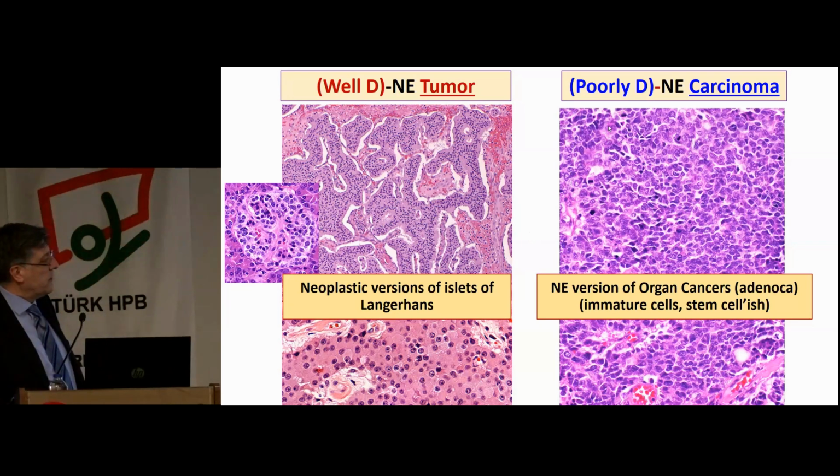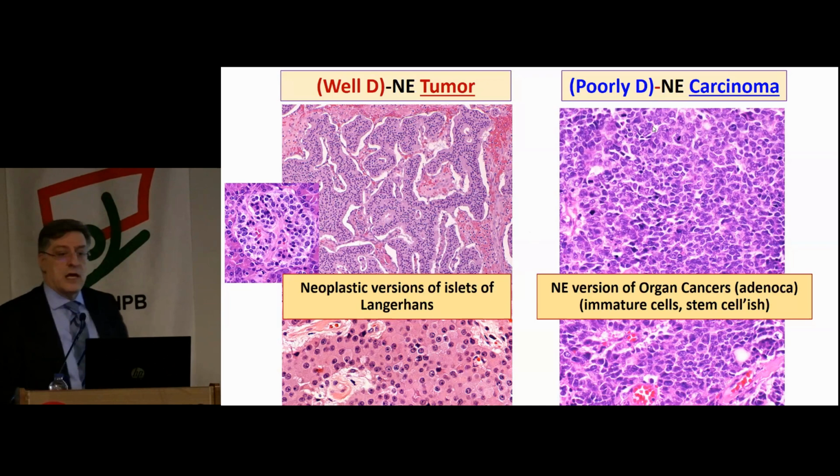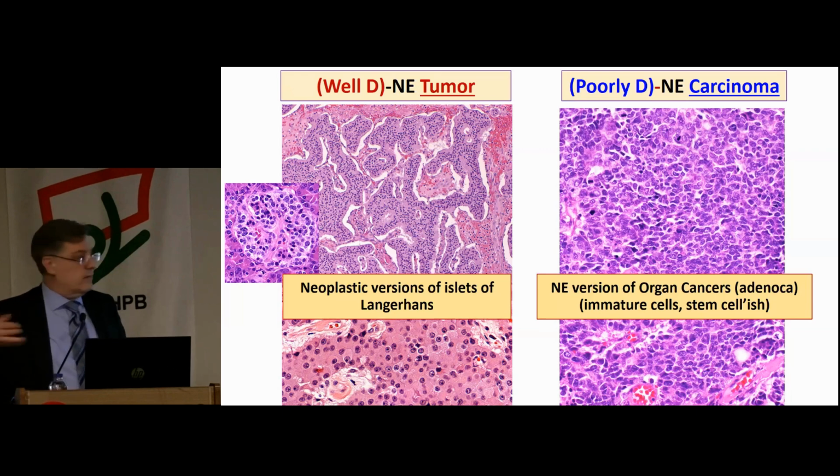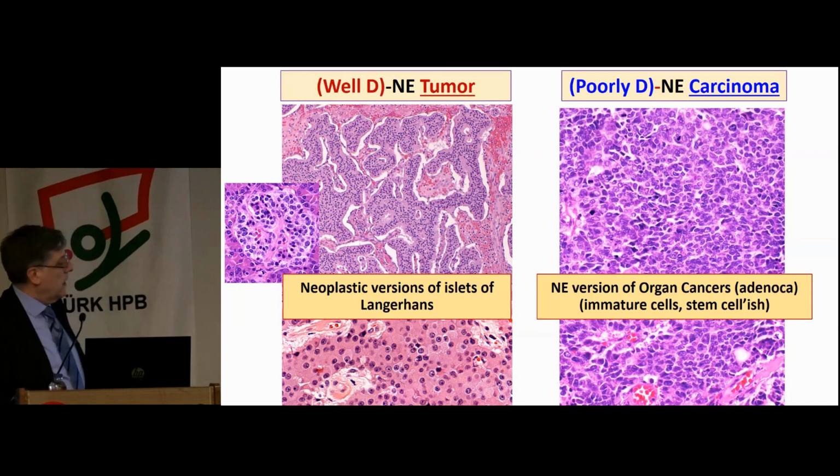When we come to poorly differentiated neuroendocrine carcinomas, they are very high-grade malignancies. They're essentially small cell cancers, as they are described in the lung, very rapidly progressive, very malignant, very aggressive neoplasms. In essence, we think of them as cancers of immature cells.